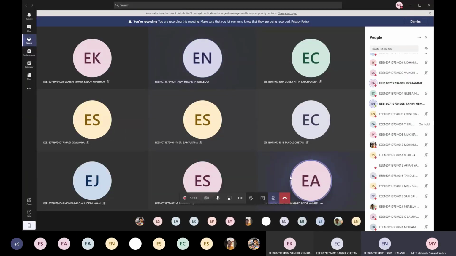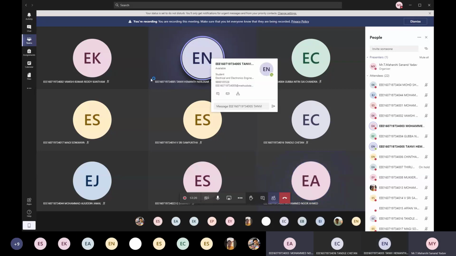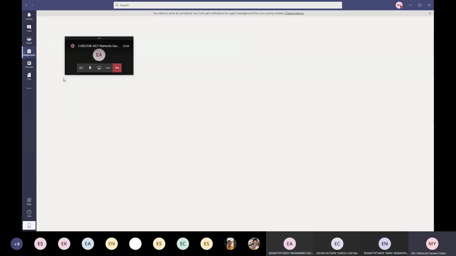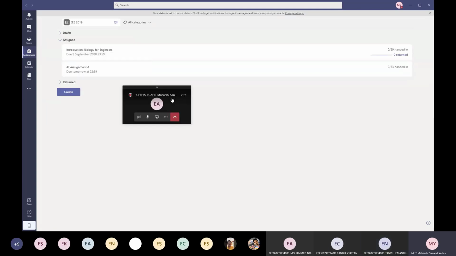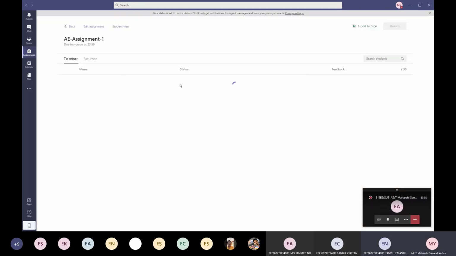Give me a second, I'll download the attendance. If anyone is facing a problem submitting the assignment, let me know, I'll show you here. Are you able to see the screen? See, only 2 submitted.